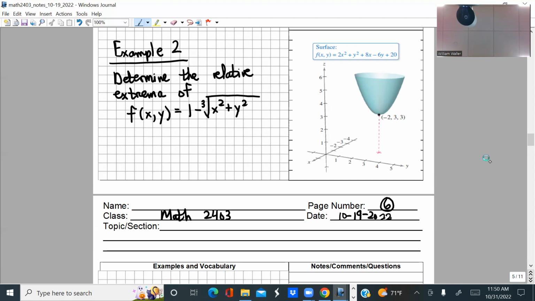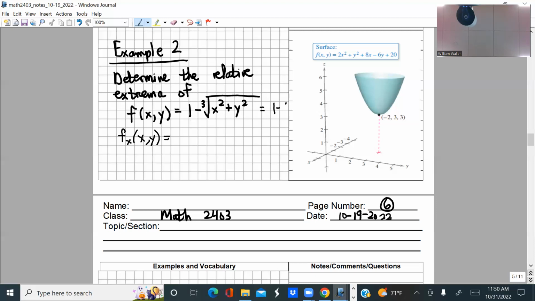And so to do that, right, you're going to find the partial derivatives, right? So let's see, what's the partial derivative here with respect to x? Well, let's see if we can differentiate that formula with respect to x, right? So to differentiate, you need to rewrite this cube root in the right form.